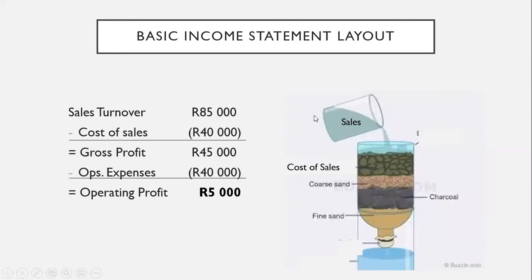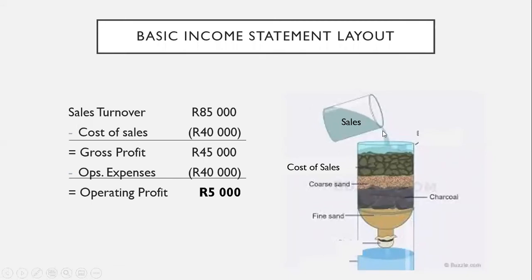And we always like to use the analogy of a water filter. And this is a nice, easy way for you to remember the flow of the income statement, because you start off at the top with your sales. If you've seen a water filter, it goes through all sorts of filtering. There's coarse sand, there's charcoal, there's fine sand, and what you end up with at the bottom is pure water or filtered water, and that's basically what your profit is.